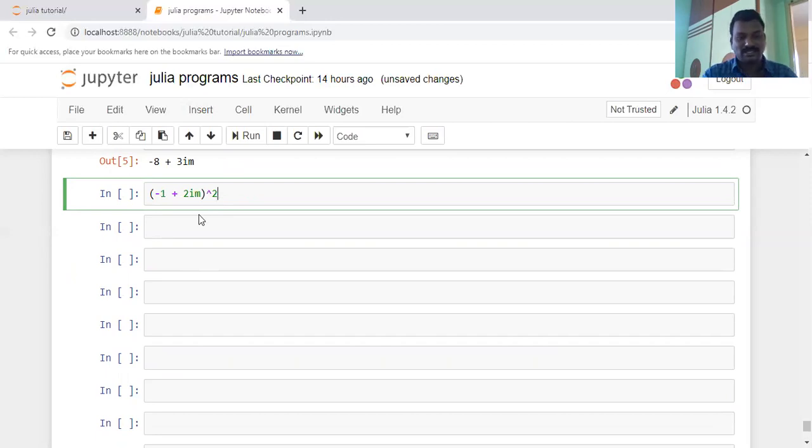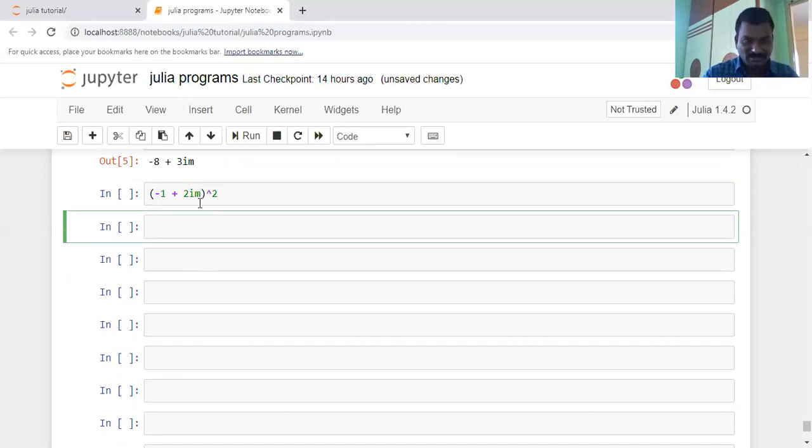How does this value appear here? The value appears like this. Here this value is treated as minus 1 plus 2im into minus 1 plus 2im.